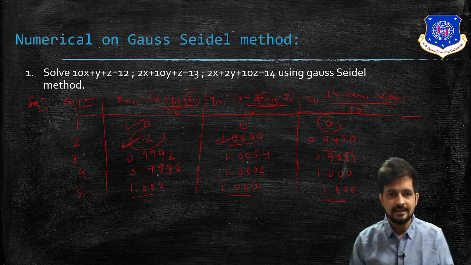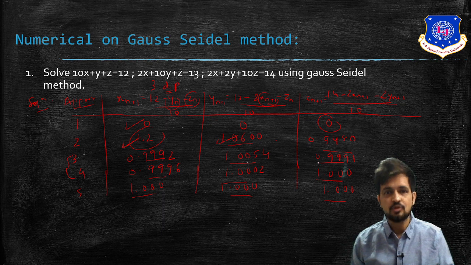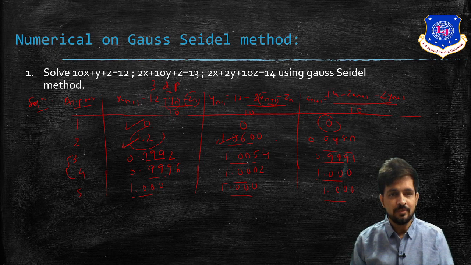But in some cases, if they are asking for an accuracy of 3 decimal places, then what do you have to do? Fix the digits and continue until 3 decimal digits consecutively come the same for x, y and z in every expression.